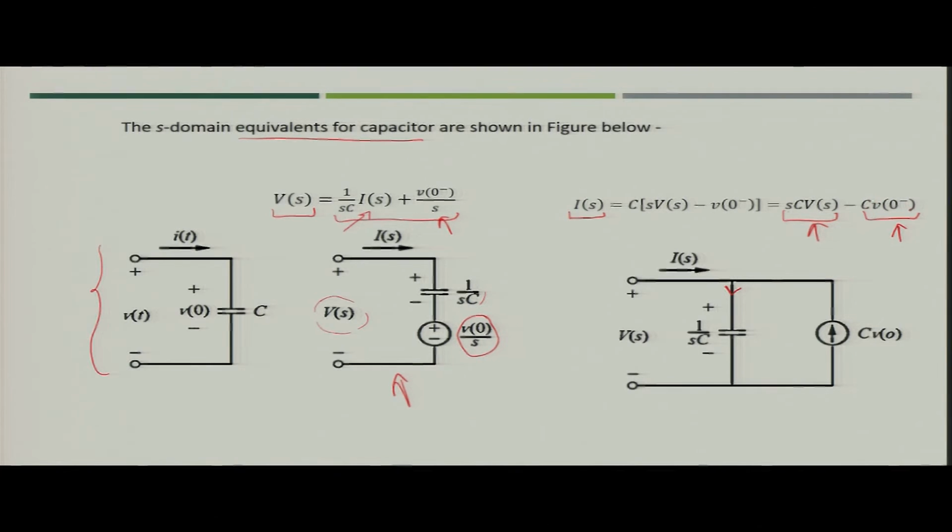Next is C into v at time t equal to 0. This is again a current term, which is a constant value, because it represents the voltage across the capacitor at time t equal to 0, and since it has a negative sign, the direction of current would be opposite to the direction of the current I(s).